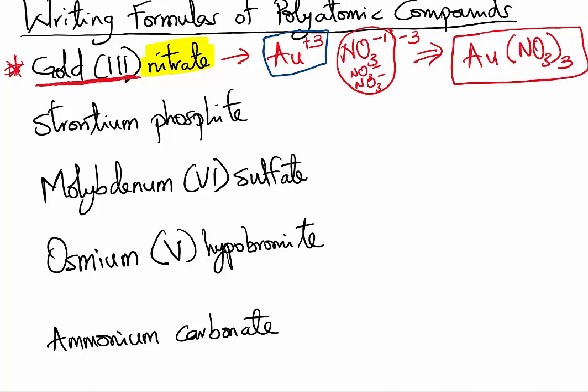Let us move on to the next one, strontium phosphite. Strontium is an element from group 2A of the periodic table. So strontium will always have a charge of +2.